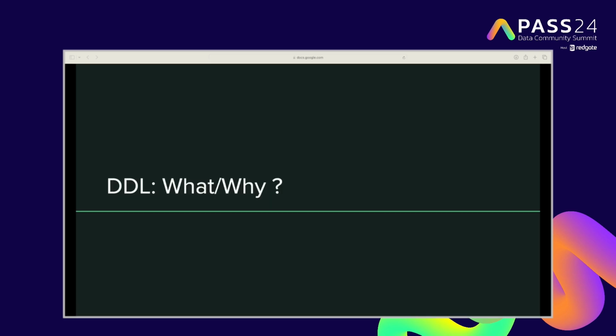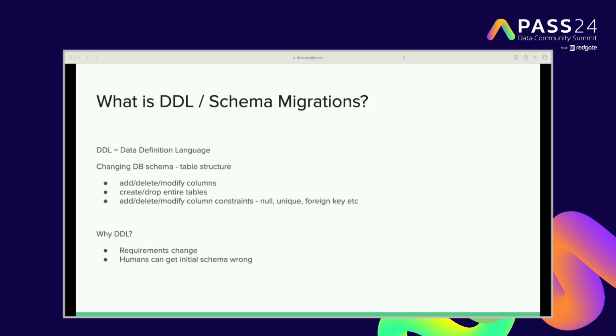Okay, let's get started. What exactly is DDL, and why are we talking about it today? DDL stands for Data Definition Language. DDL happens whenever we need to modify our database schema. This can be creating or dropping tables, adding or deleting or modifying your columns or indexes or constraints, and similar things.